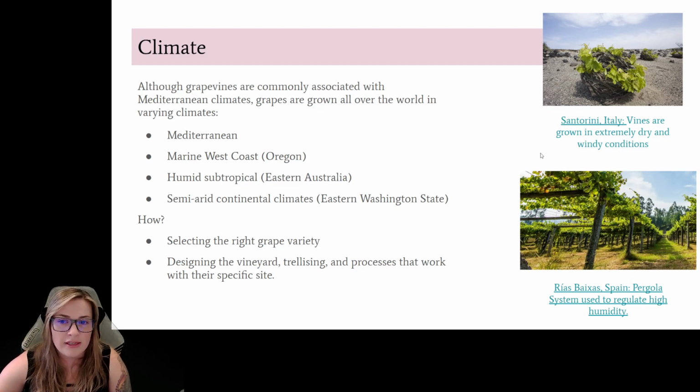So in Santorini, Italy, this is right on the coastline. The vines are grown in extremely dry and windy conditions. There's barely any water accessible in a lot of Italy, unfortunately now in Greece. But in Santorini, they actually train the grapevines to be this little kind of Easter basket looking training system, where the vine grows onto itself and then actually creates this basin that protects the grapes that are growing inside.